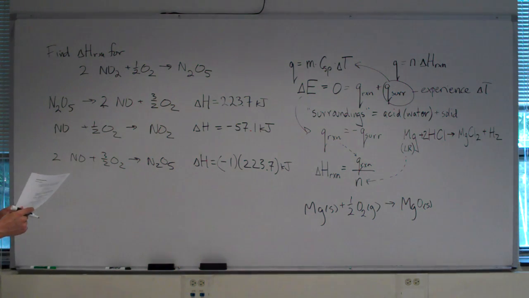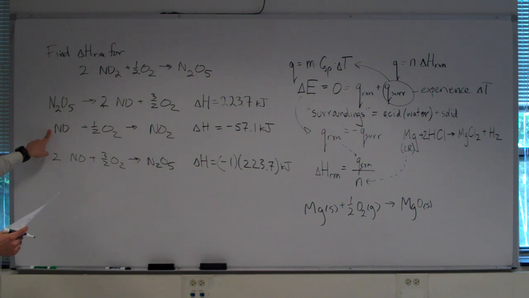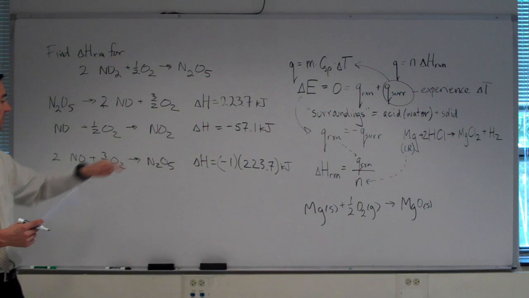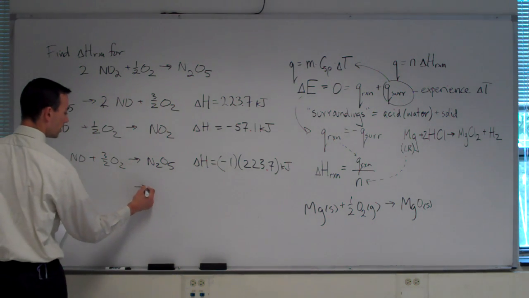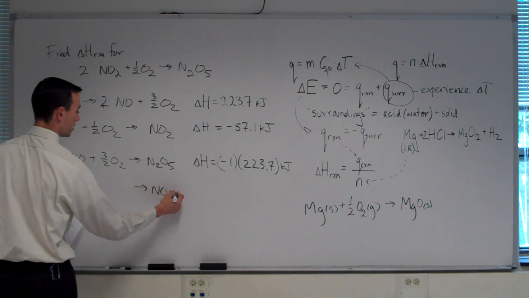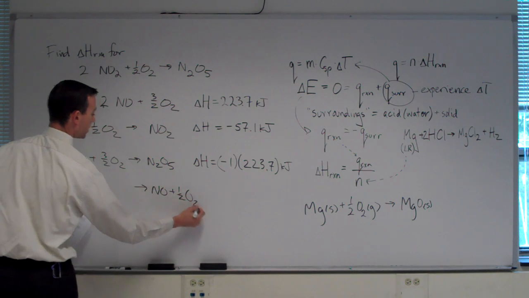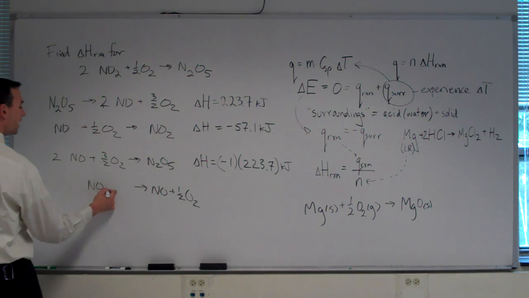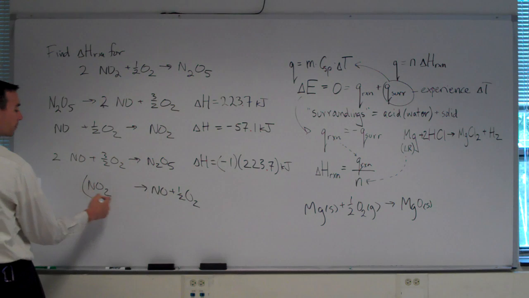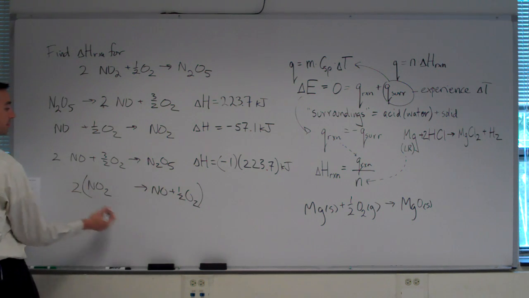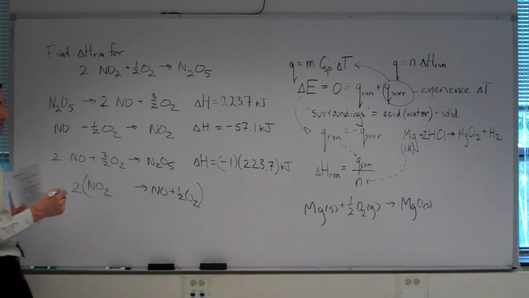And then we can look for some cancellation. We're not going to want any NO in our overall process, so we can use this reaction to cancel it. NO's on the wrong side though, so we have to flip this reaction as well. And we need to scale it up times 2 so that we get 2 NOs to cancel out.